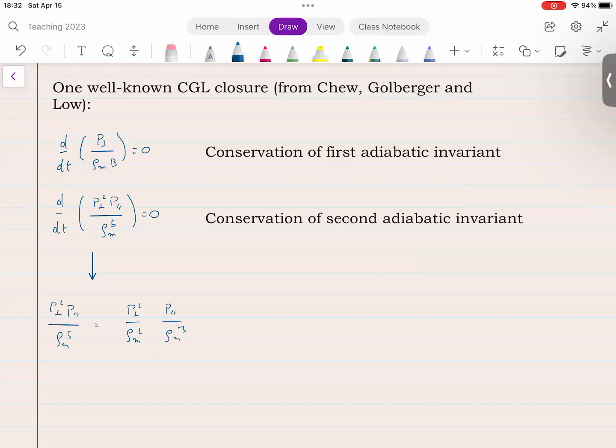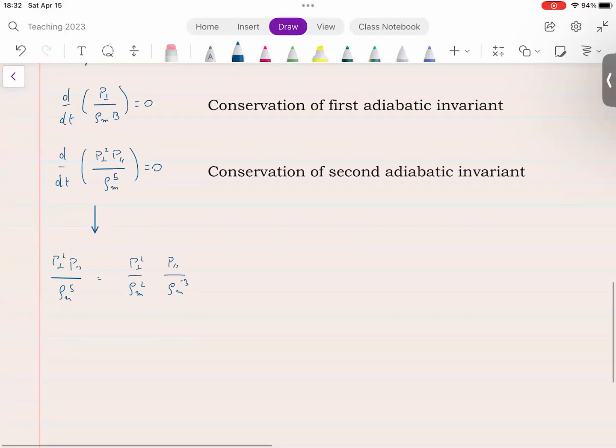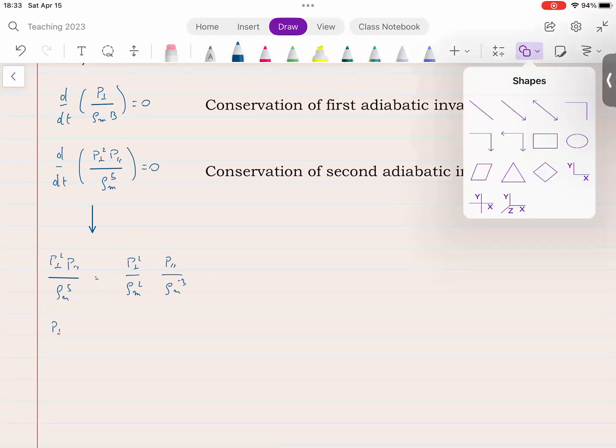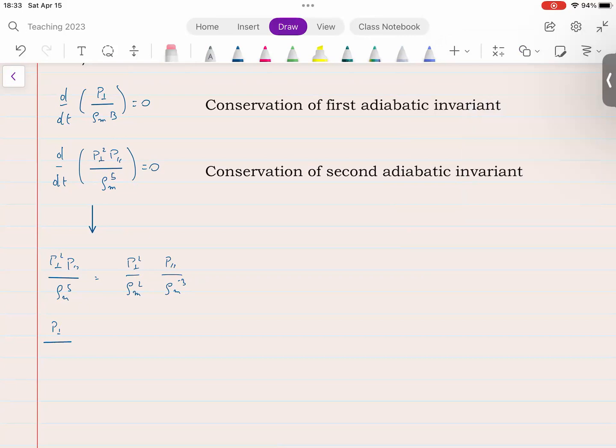But from the first closure, I get that P perp over rho times B is a constant. Let me call it C1.